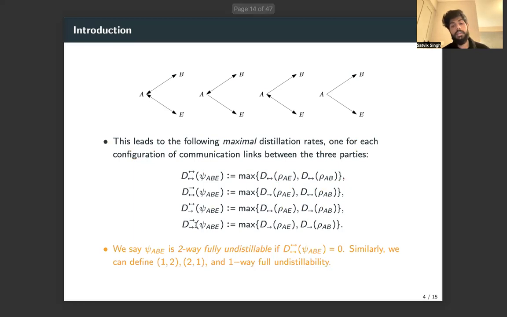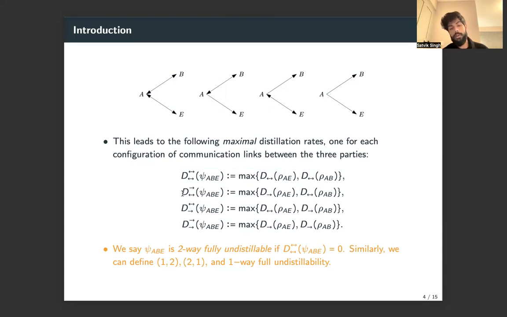And we can define the notion of full undistillability, which basically means that this tripartite pure state is two-way fully undistillable if the first quantity here is 0. Two-way means that you allow two-way communication between both Alice and Bob and Alice and Eve.